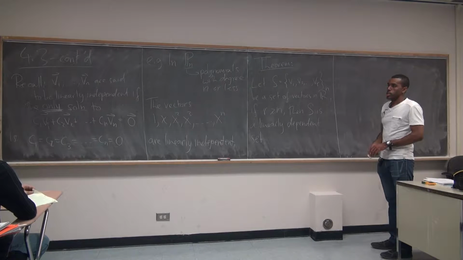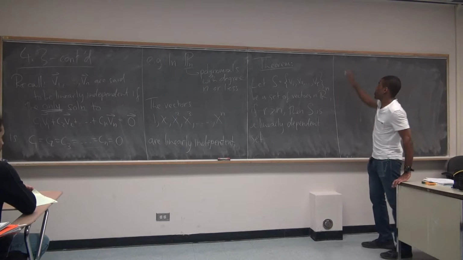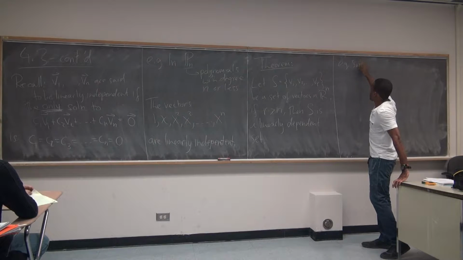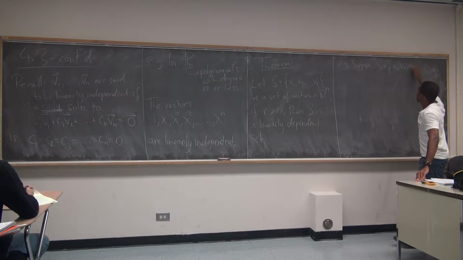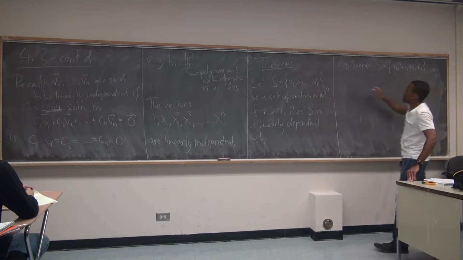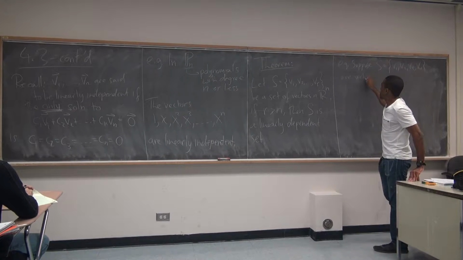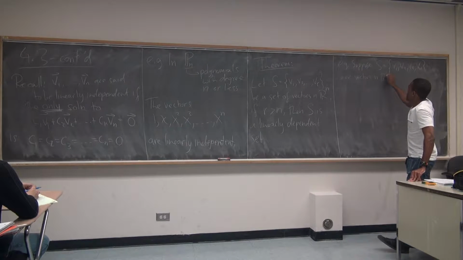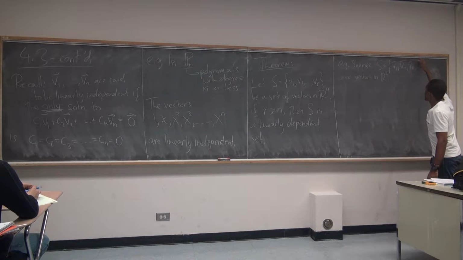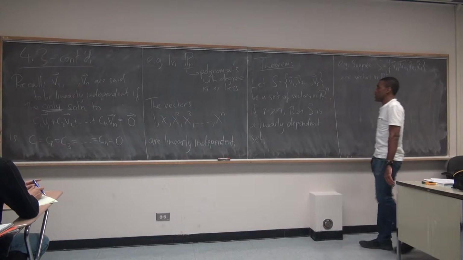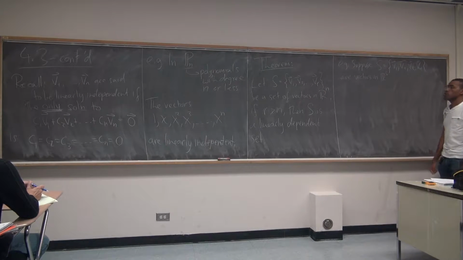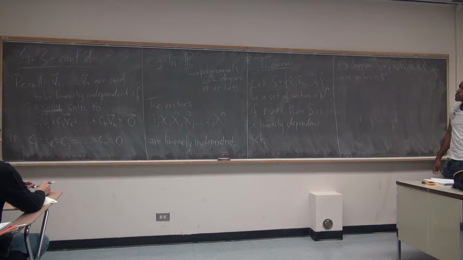How do you verify something like that? How do you prove that these guys form a linearly dependent set? Write out the C1, V1 plus. Yeah, okay.